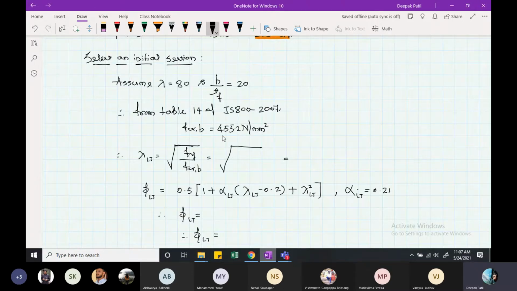Now with this, I can easily calculate lambda LT, which is equal to the square root of Fy by FcrB, with Fy as 250 because we are using steel of yield strength 250, and FcrB as 455.2. I am getting lambda LT as 0.741.